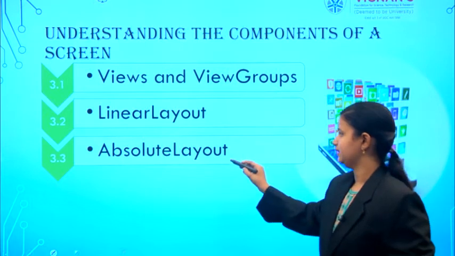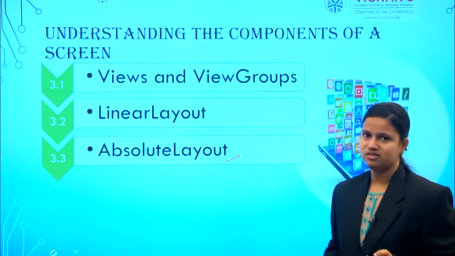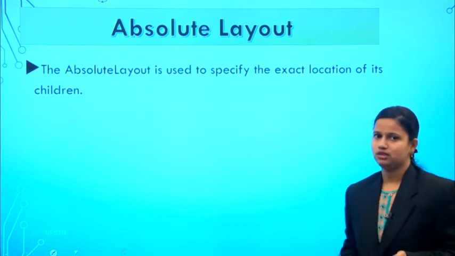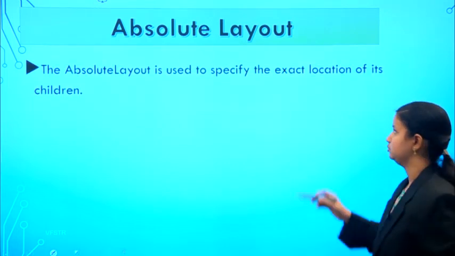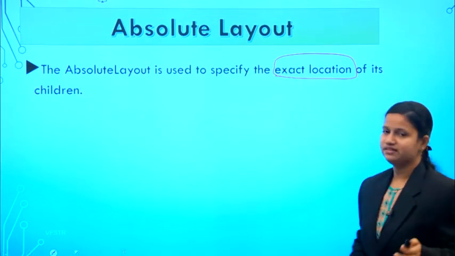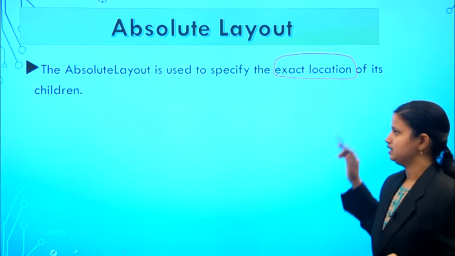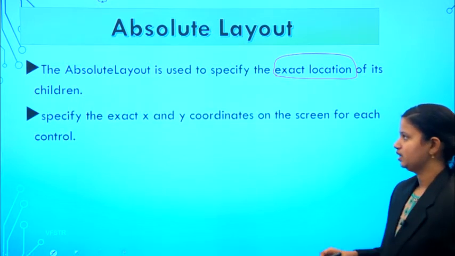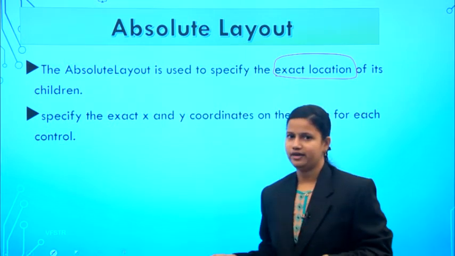And the next concept is absolute layout. So what is absolute layout? It arranges your views in the form of absolute positions. It specifies the absolute location, that means the exact location of a child is identified and placed. How is this exact location identified?